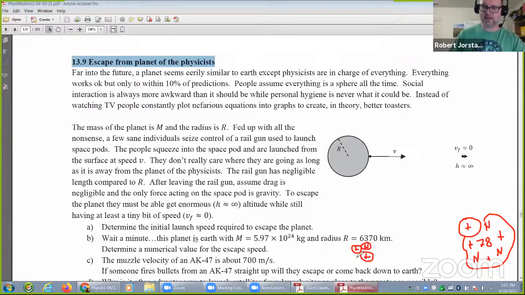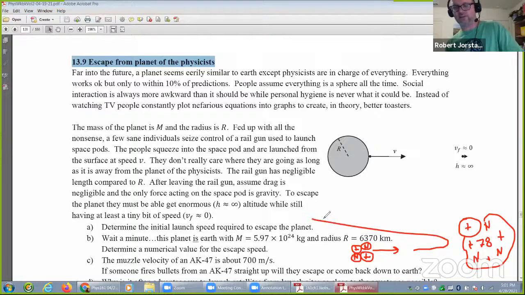More on this in another class, but you could do a similar problem where you launch something directly towards here. And because in electricity, like charges repel, if you fire plus charges at plus charges, you could figure out how close it'll come, where it reverses direction, using an energy problem.